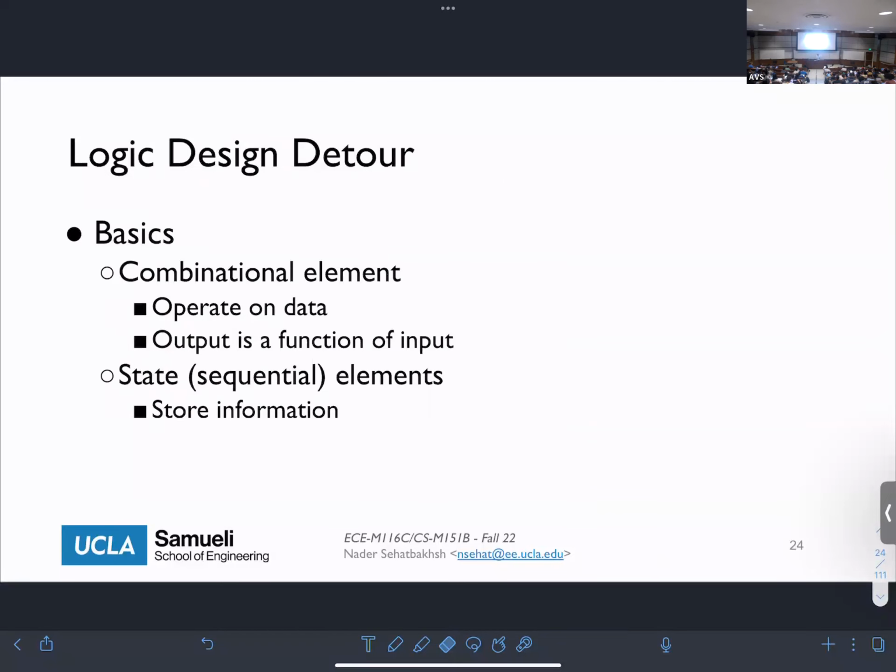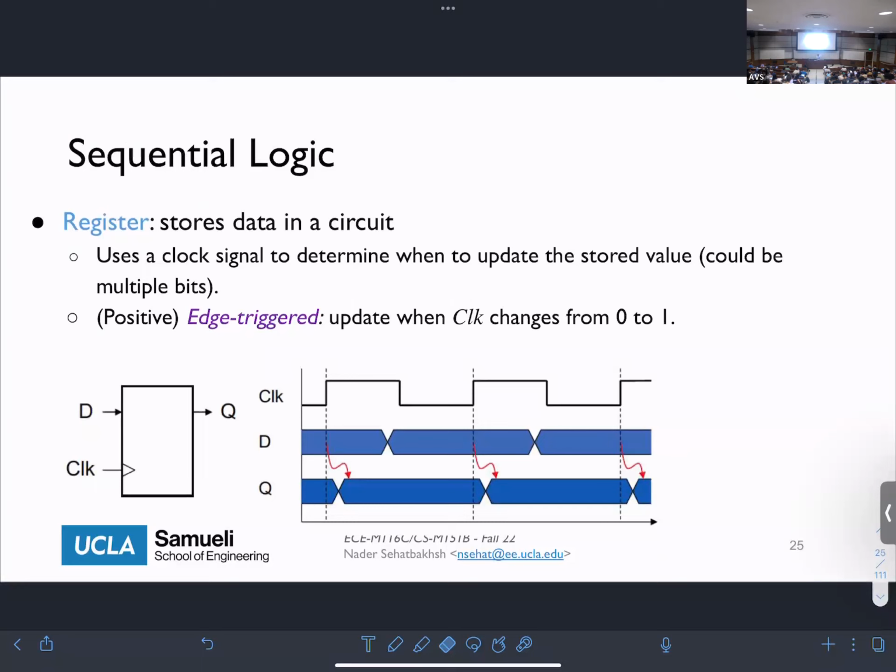Okay, so we're going to talk about combinational elements and sequential elements, and tell you a little bit about each of them. So sequential logic is something that usually stores something inside the hardware. Generally, if you have combinational logic, there is no way that you can store things. It's temporary, right?